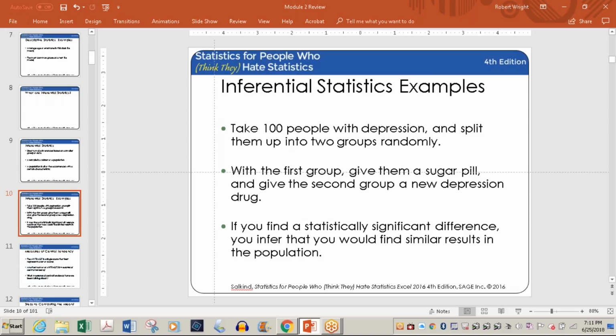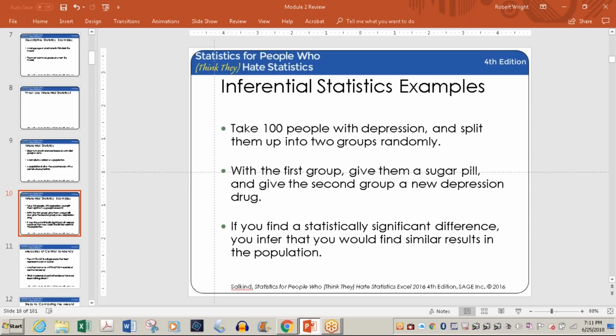Some examples here. You take 100 people with depression and split them into two groups. One group gets a placebo, a sugar pill. The other group gets the new wonder drug, and then you find there's a statistically significant difference in improved mental health among the people who took the drug.